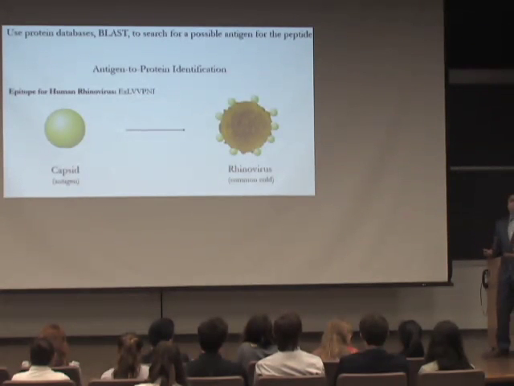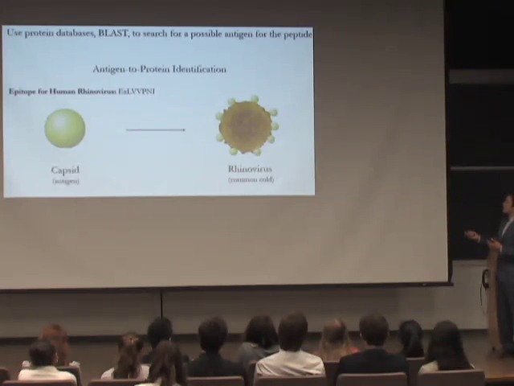We use one called BLAST, and then go forward and find the complementary protein, or the entire structure responsible for this disease. Here's an example where this is very well known. This is fully charted. Here we have a capsid protein, or a capsid sheath, and it then relates to some cell for the rhinovirus.